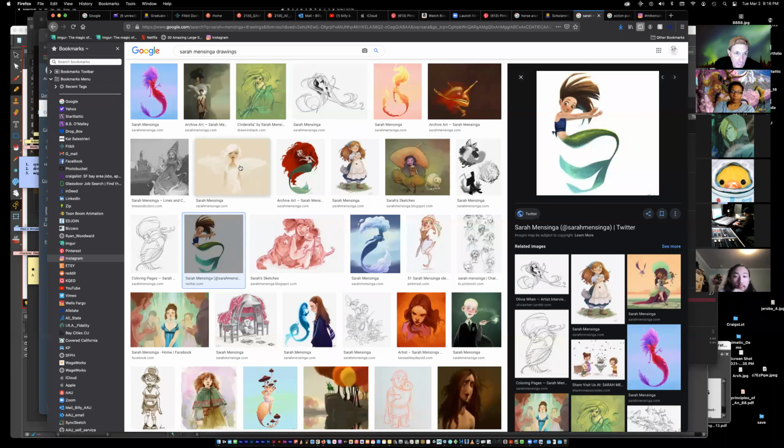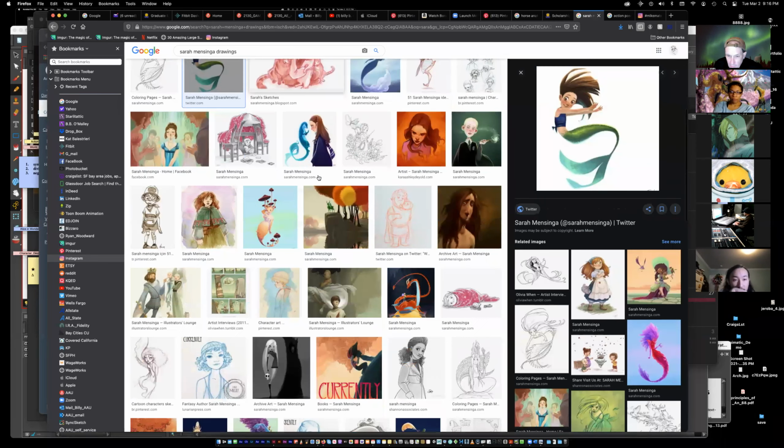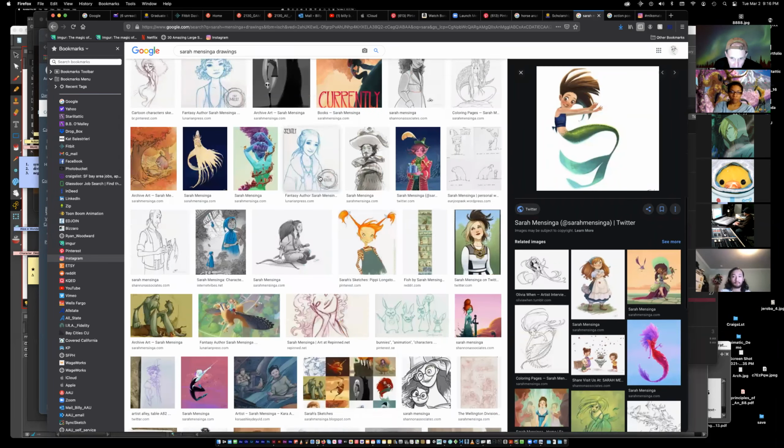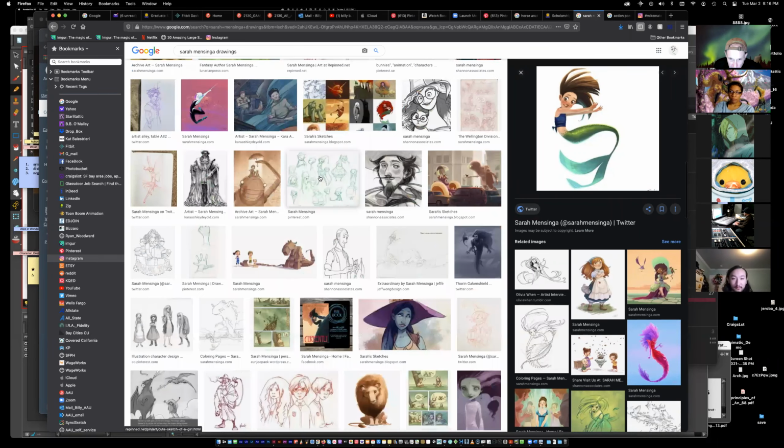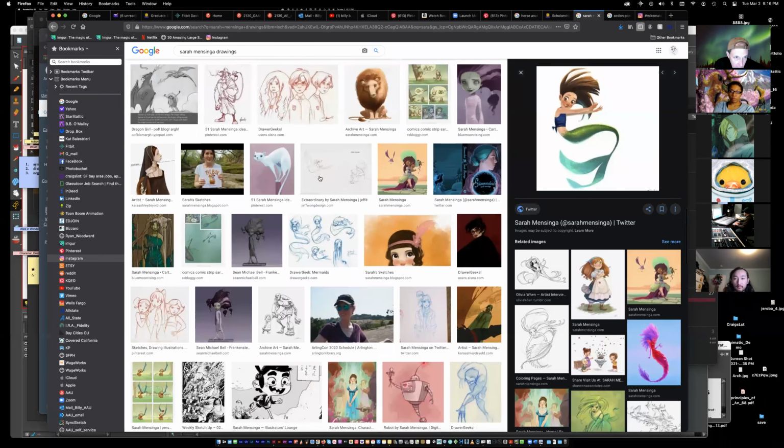All right, so there are some things that are a little less action oriented. One of my favorite drawings that she did is of a girl and her cat.